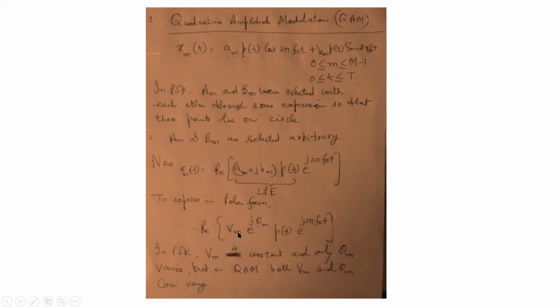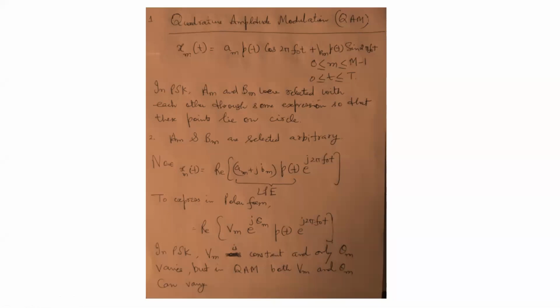So in quadrature amplitude modulation, Vm can vary and theta m can also vary. But in PSK, only theta m can vary. There was no change in the Vm. So that's why the points lie on this circle. It is a constant energy modulation. But in quadrature amplitude modulation, it is not a constant energy modulation, because we can place the signal points anywhere on the planar surface.